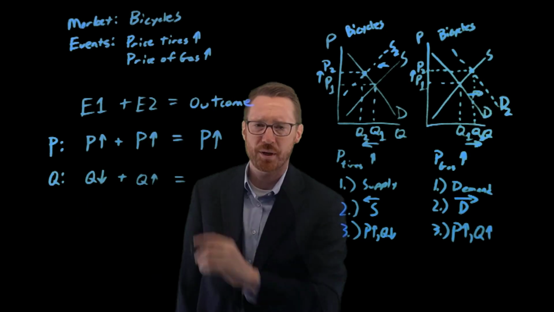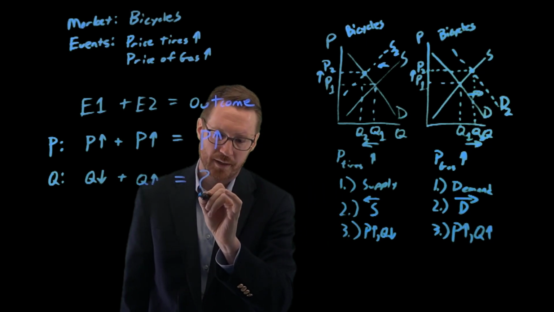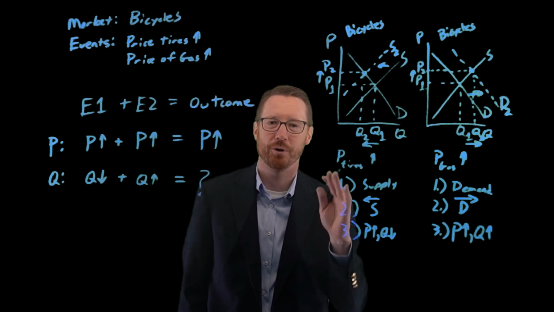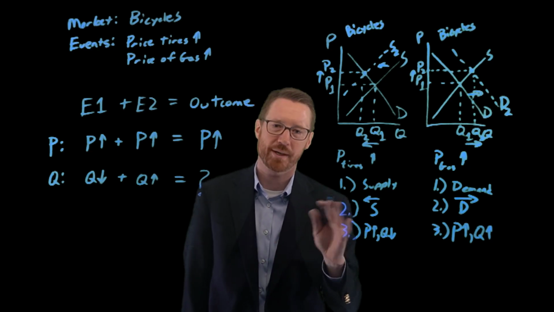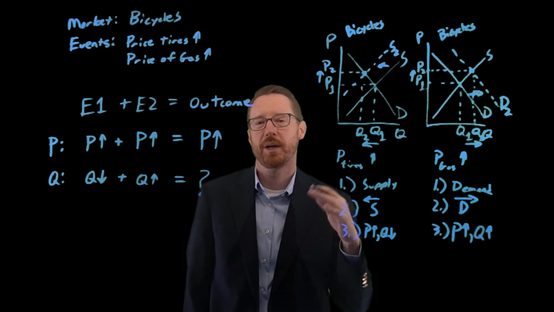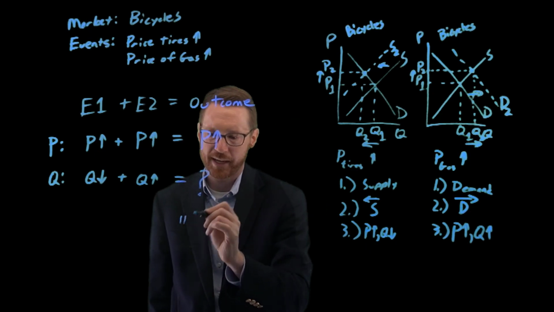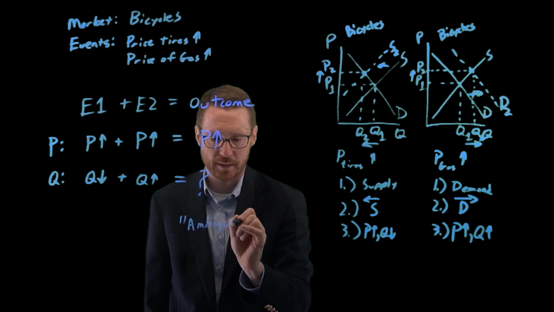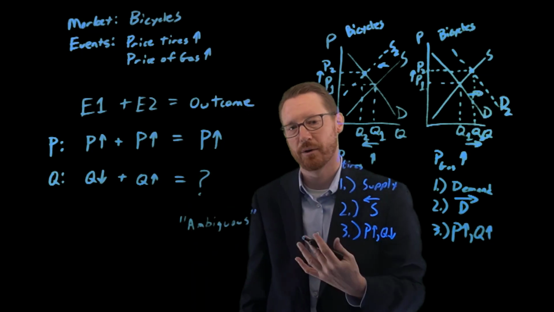What's a decrease plus an increase? Our answer is we don't know. How cool is it to actually have a time where you can say, I don't know, and that's the right answer? Now, we don't want to say, I don't know as an answer. We need a more technical term for it. So we would say that the effect is ambiguous, which effectively means we don't know.